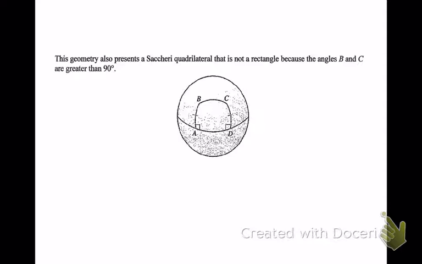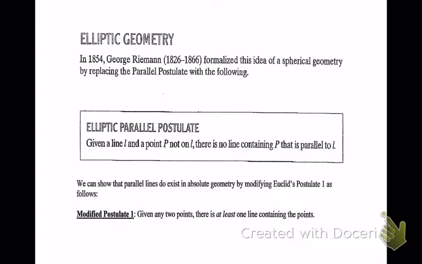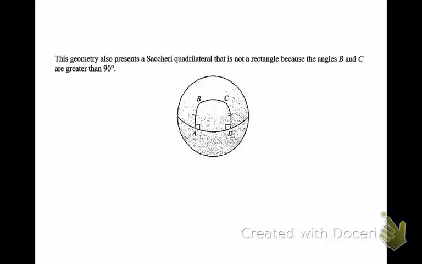This geometry also represents the Saccheri quadrilateral that is not a rectangle, because B and C are greater than 90, right? So we take this Saccheri quadrilateral here. If AB and CD are perpendicular to AD, but angle B and angle C, there's no way those are 90 on a sphere.